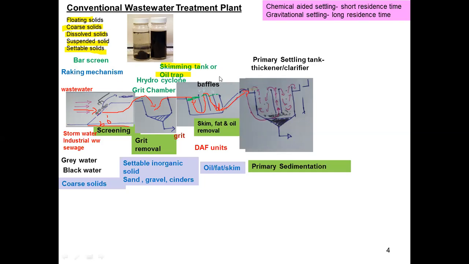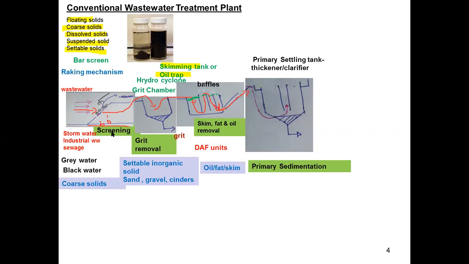So here now you can see, this is the sedimentation tank. This is a circular type sedimentation tank which has a center feed. So the wastewater coming from the previous unit operation is fed to the sedimentation tank.